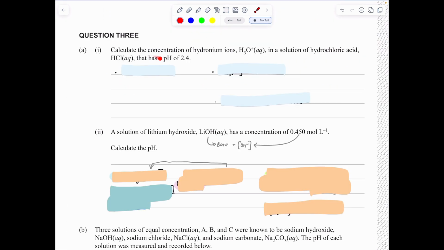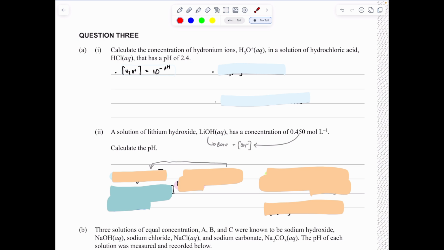Okie dokie, calculate the concentration of hydronium ions in a solution of hydrochloric acid that has a pH of 2.4. How do we calculate the concentration of hydronium ions? Well, the equation that's given to you in your resource sheet is this one over here.